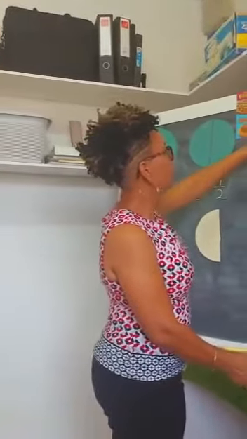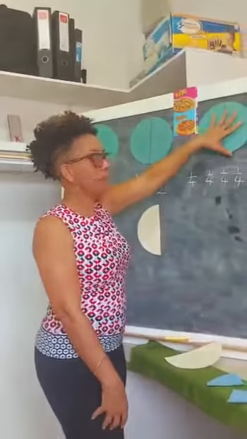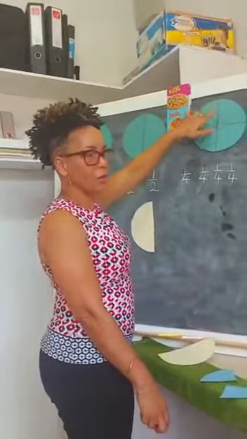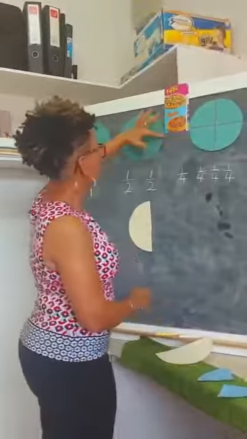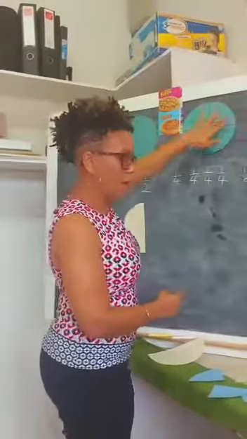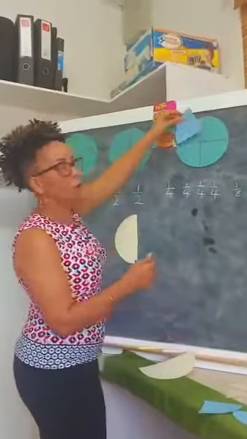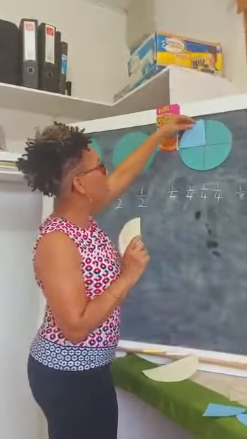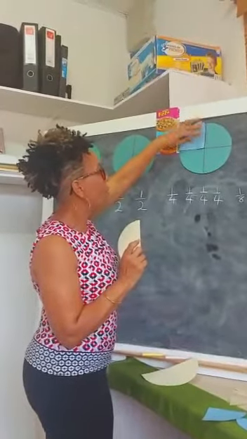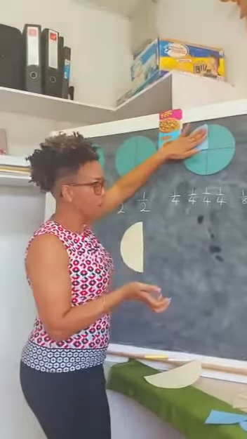Then we move to our next pizza, and this pizza we want to cut into 4 pieces. So we'll cut across here, and now we have 4 pieces. Now each piece here would represent 1 part out of 4 parts, or what we say 1/4.